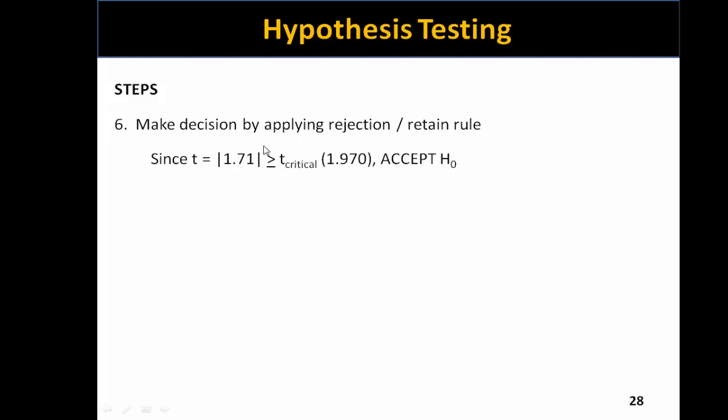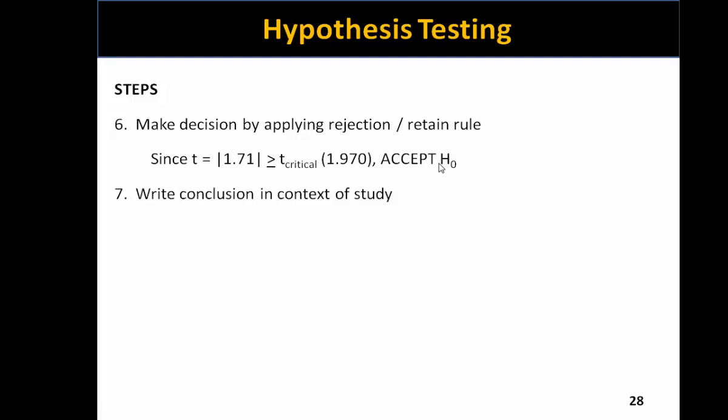So moving on to making a decision for the rejection-retain rule, the absolute value of 1.71 does not satisfy this condition here. So 1.71 is not greater than or equal to the critical t-value. Because this statement is not true, this was stated a little bit earlier, we always do this in step 4, this is a false statement, so therefore we accept the null hypothesis.